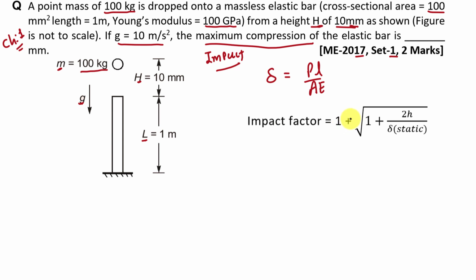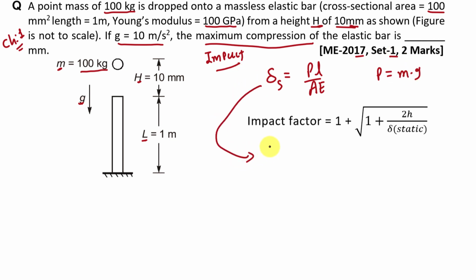We have discussed this equation of impact factor in chapter 1. It is equal to 1 plus under root 1 plus 2 into h divided by delta static. Here h is this height and this delta static is PL by AE. And to find this delta static, we will take load by this mass as static load. Means here we will take this mass is equal to m into g. Fine.